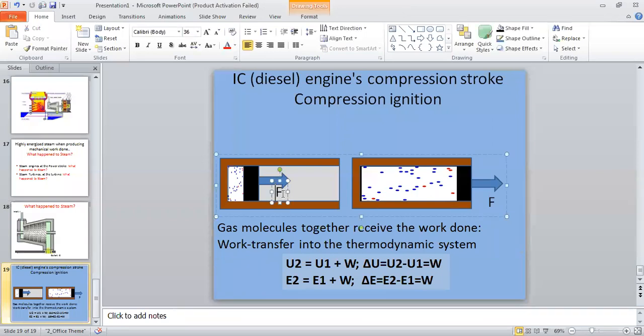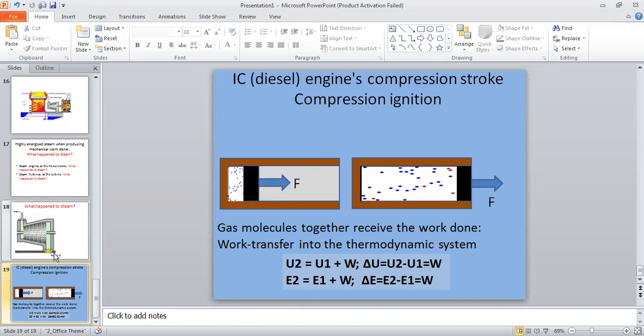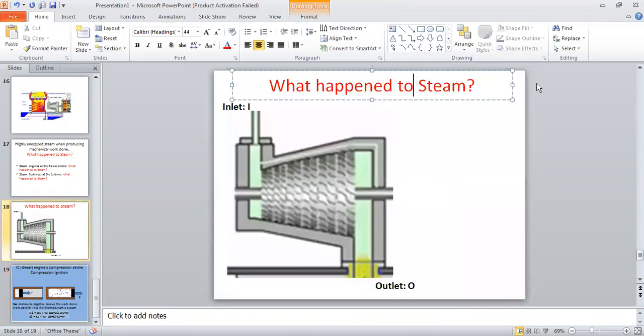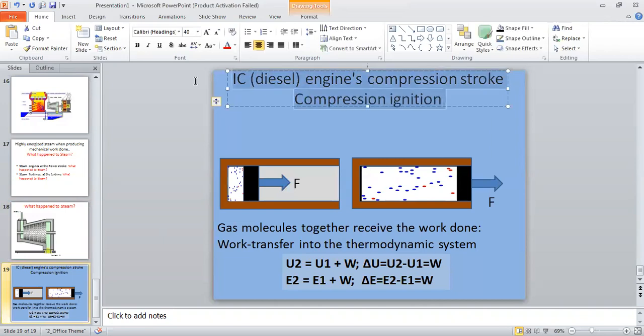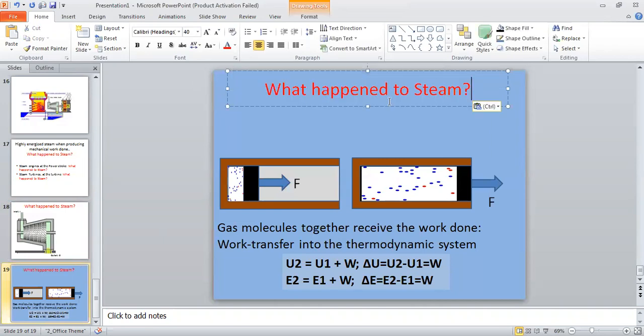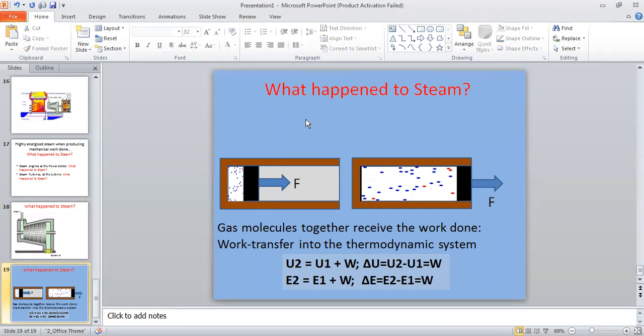So the piston moves. So it's the same. If this is steam, so what happens?